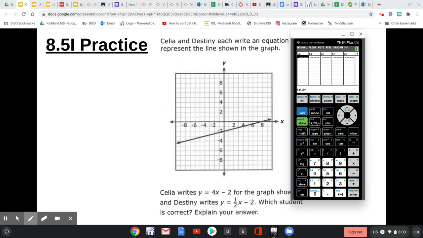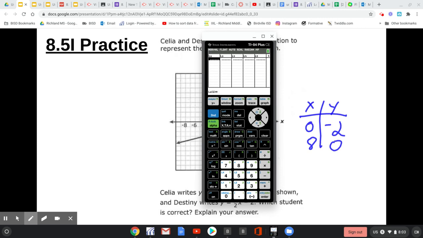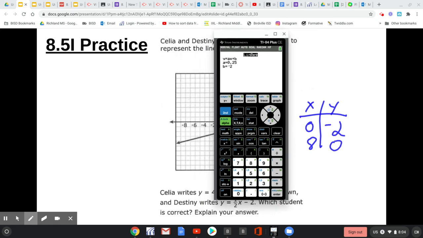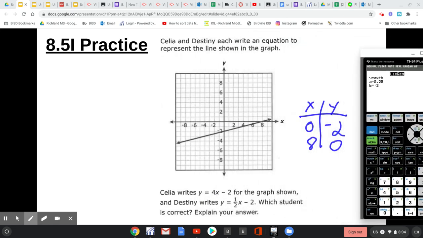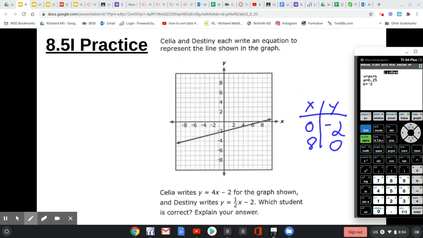And we have 0, enter, 8, enter. I'm going to tab over. We have -2, enter, and we have 0, enter. I'm going to hit stat, tab, 4, enter all the way down. And our slope is 1/4, which is what we saw here when we did rise over run.